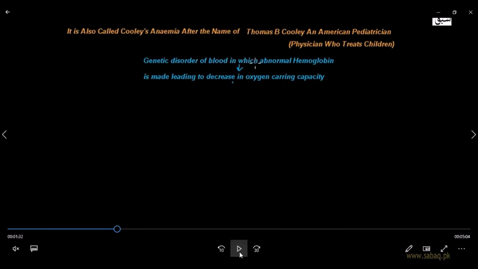Abnormal hemoglobin will be there, and it can lead to a decrease in oxygen carrying capacity or completely block it because of the change in shape. So it might not attach to the oxygen like a normal hemoglobin or red blood cell. Hence this is a genetic disorder of blood in which abnormal hemoglobin is made, leading to a decrease in the oxygen carrying capacity of the red blood cells.